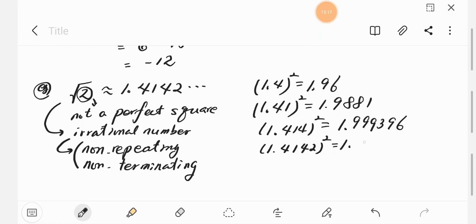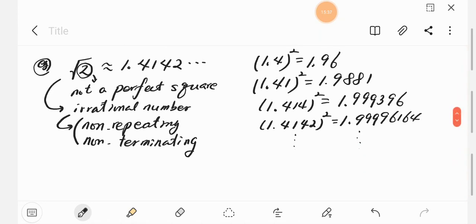Then it looks like 1.99996164. So as you go further, the result will be very close to 2, right?